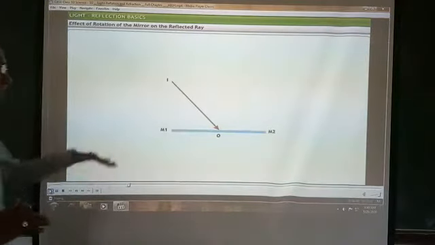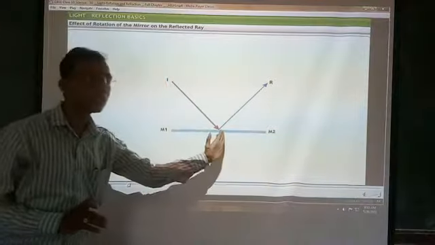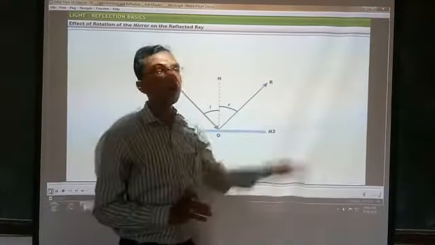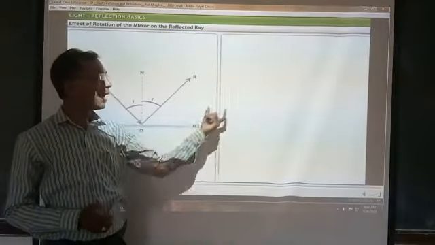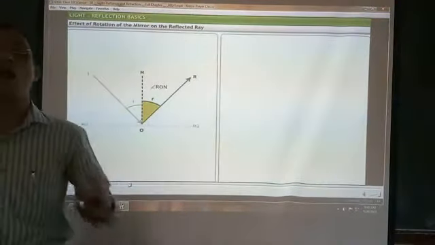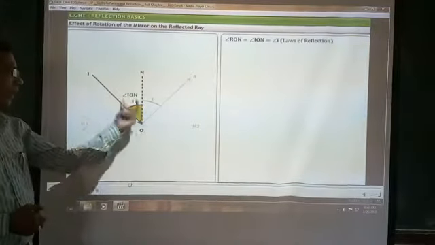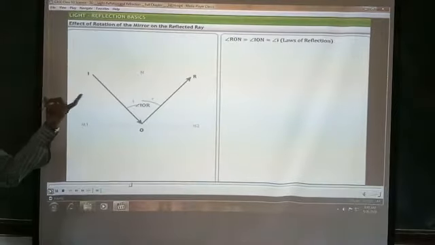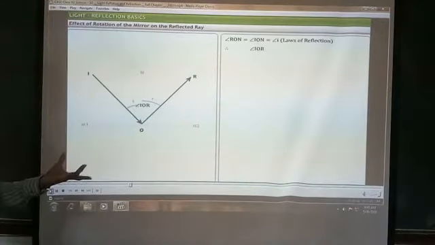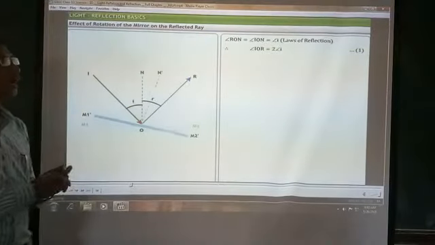So let us consider this is the plane mirror, M1 M2 the surface of the plane mirror. R is the incident ray, the sun rays, and the reflected ray. According to the laws of reflection, draw the normal; the incident angle and reflected angle are both equal. Let ION be the incident angle and the reflected angle is also ION.